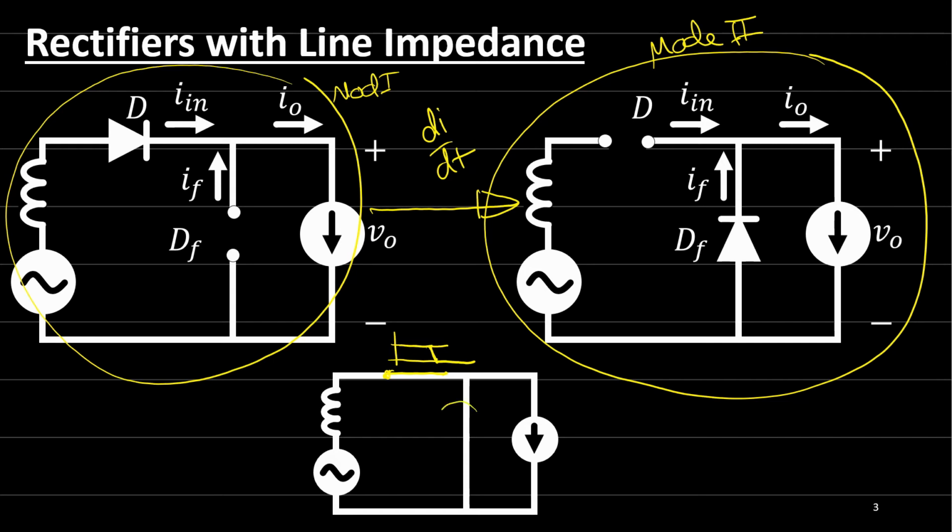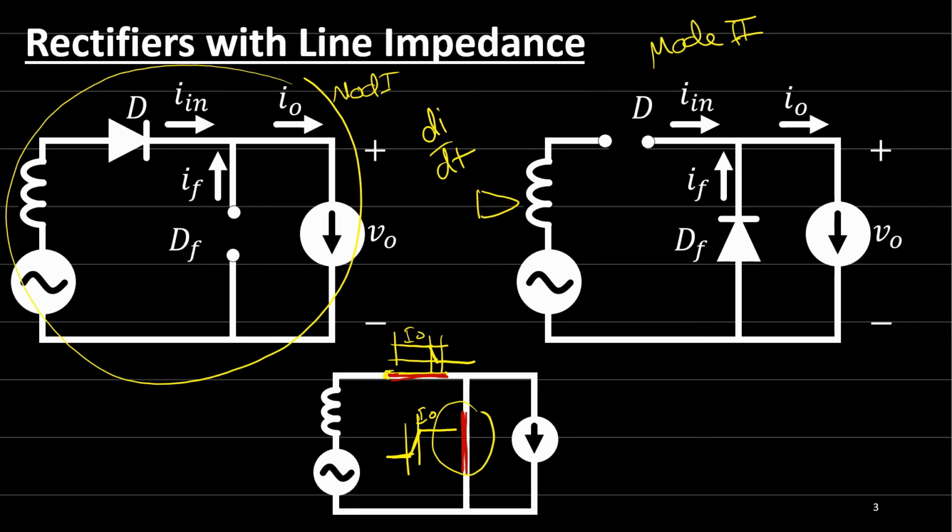And also for this current here, it takes time to move from 0 to the I output value, the load current value. So in this transition period, you'll find that this diode is conducting and also this diode is conducting. So when we have line impedance, things do not jump from this state to this state.